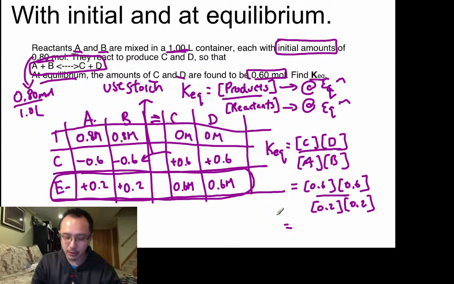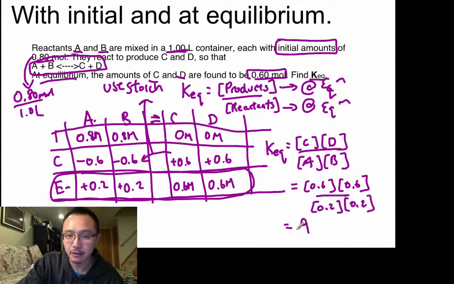Let me punch this in: 0.36 divided by 0.04, which gives you a KEQ of 9.